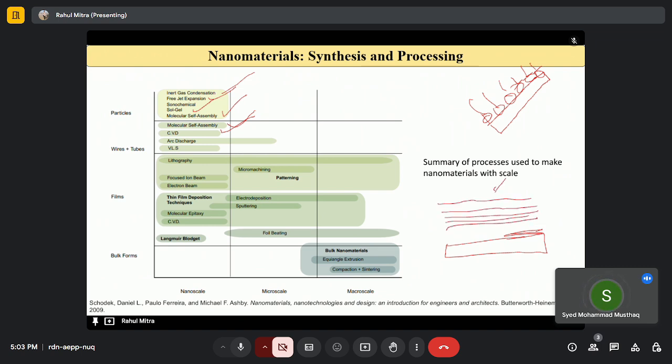Suppose we take carbon monoxide. Let's say if I burn coke in the presence of oxygen, C plus O2 plus H2.